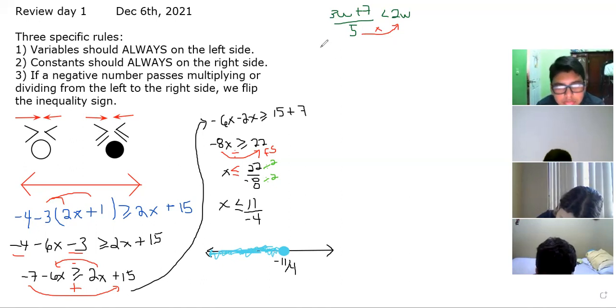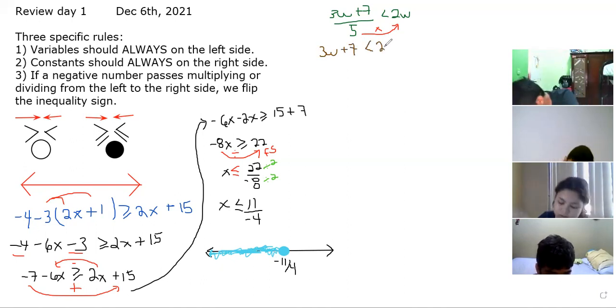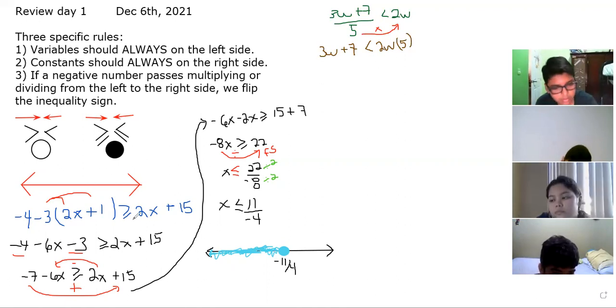So we're going to have now 3w plus 7 is less than 2w times 5, because multiplication we do in between parentheses. Now, just like I told you, the first thing that you need to do is multiply parentheses.